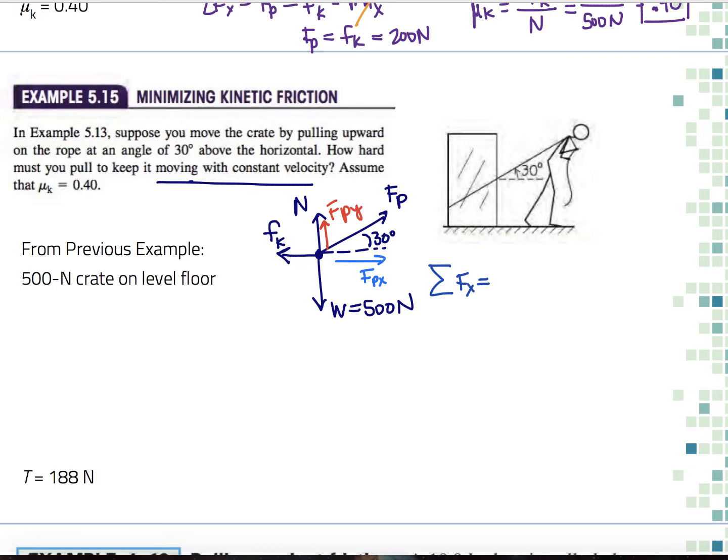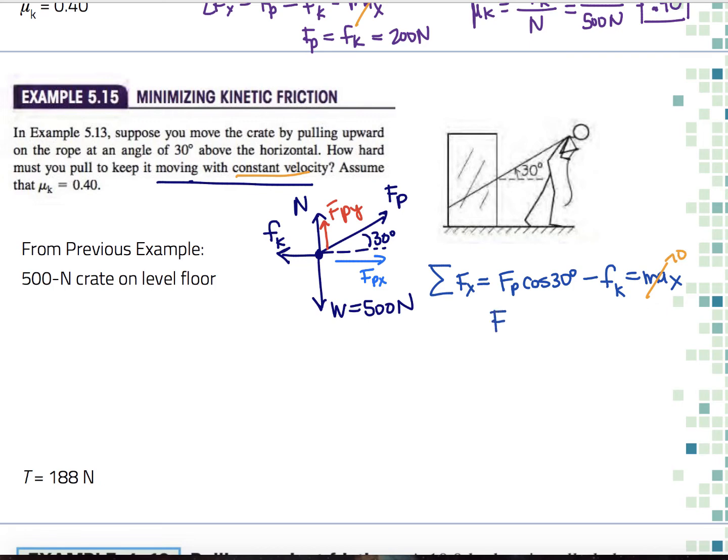And so for my sum of forces in the x direction, I would want F pull times the cosine of 30 degrees, which is the positive way, minus the frictional force. And this is equal to ma in the x direction. Well, my x acceleration is 0 because my velocity is constant, so this is 0.